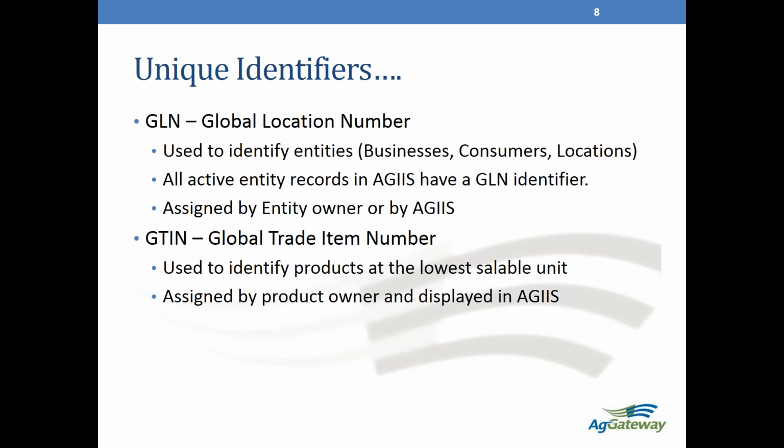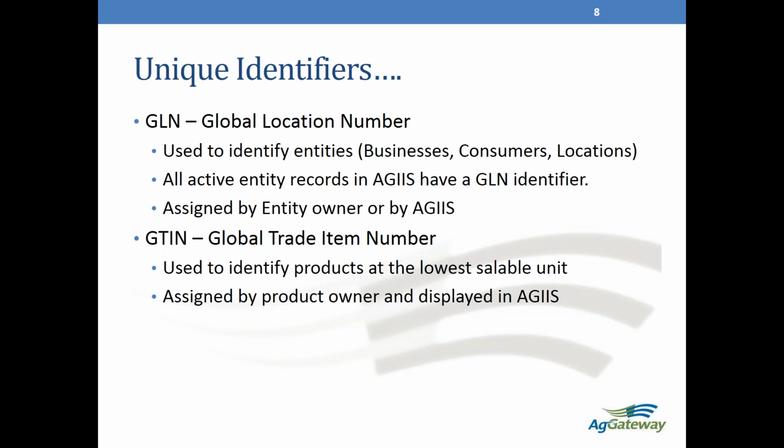So the unique identifiers that are housed in the Ag Industry Identification System are the Global Location Number, which we call the GLN. It's used to identify entities, which are businesses, consumers, and locations. They can be assigned by entity owners or by the Ag Industry Identification System themselves.